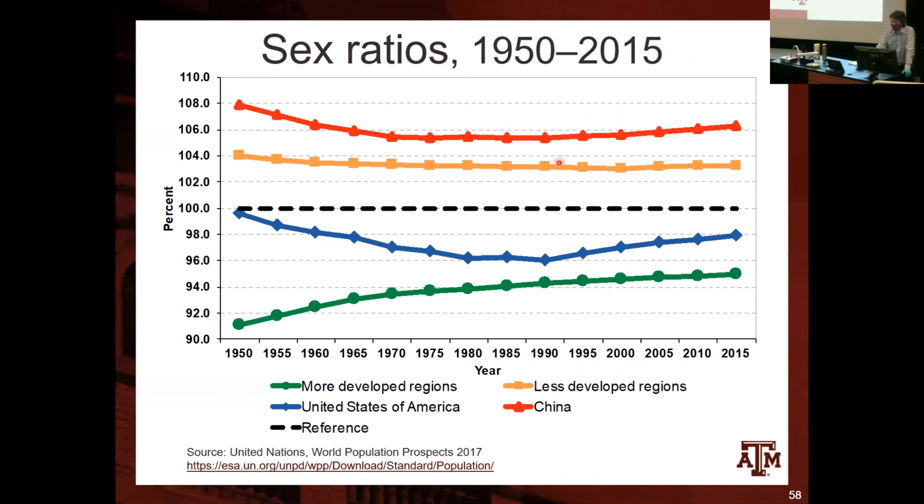So in a lot of those countries, what happens is that if the couple knows through ultrasound that the woman is pregnant with a girl, they might perform an abortion because they would prefer to have a boy.